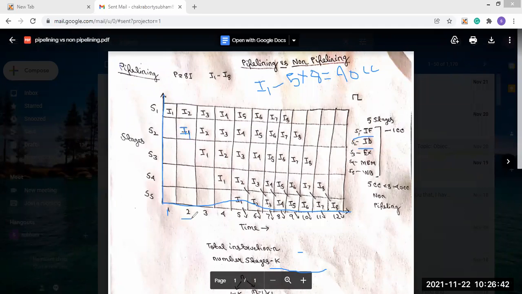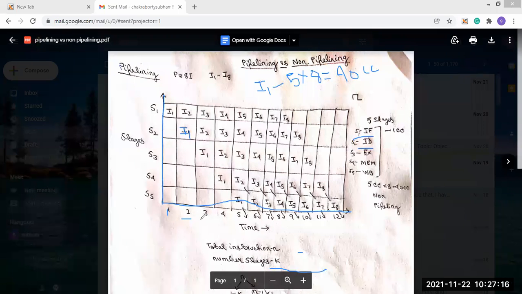While I1 is doing instruction decode, the instruction fetch stage is idle. So we can give the opportunity for the next instruction to use that stage. That is the difference. In the second clock cycle, I2, our next instruction, starts instruction fetch.